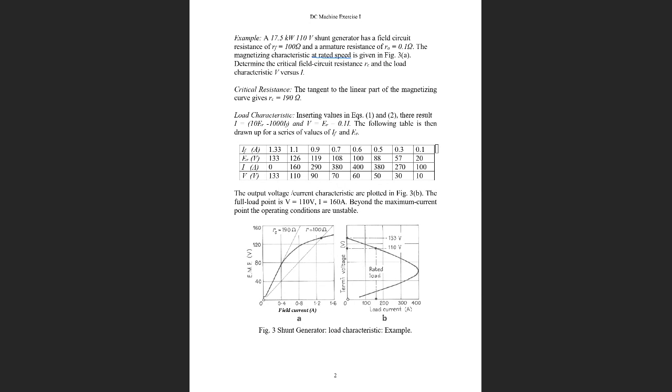Now, determine the critical field circuit resistance RC and the load characteristics, terminal voltage V versus loading current. Load characteristics means the relationship between the loading voltage and loading current.